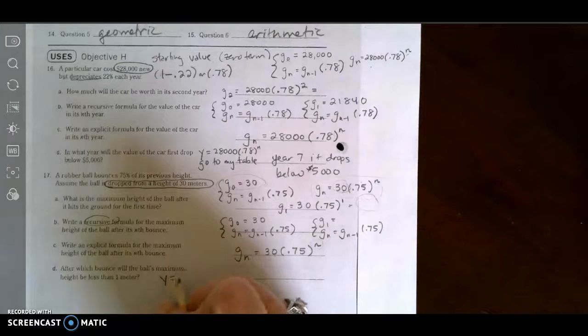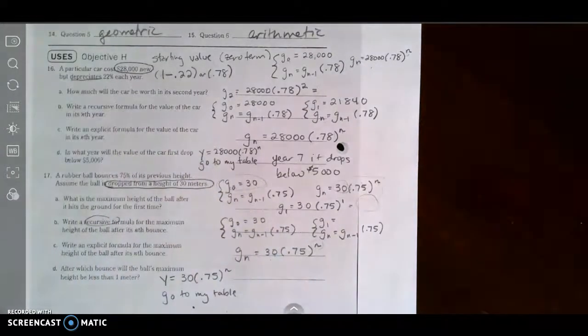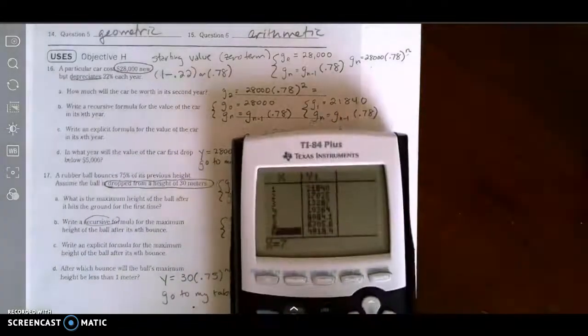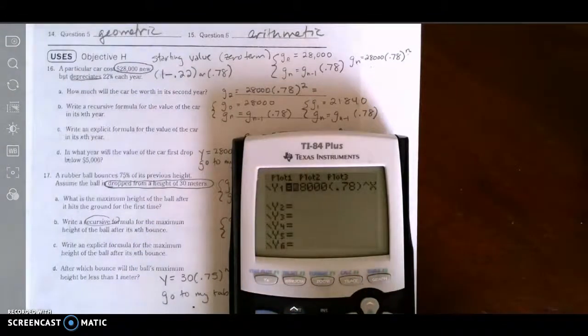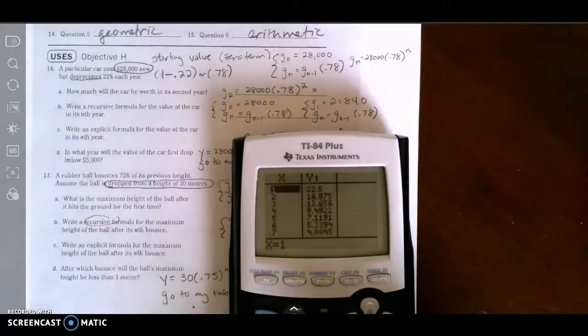Again, I'm going to go to y equals and put in my equation. And then I'm going to go to my table. So, y equals 30 times 0.75 to the x. Go to my table.